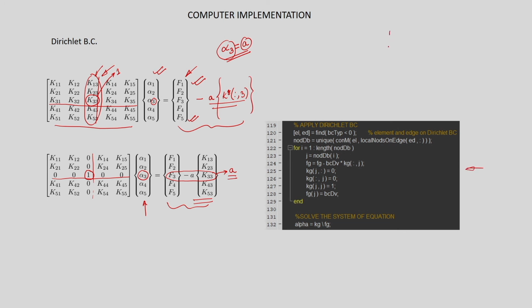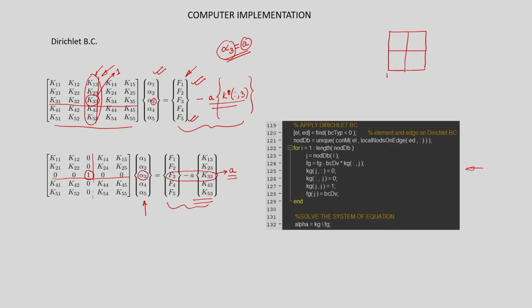Now, first we have to find out which degrees of freedom lie on the Dirichlet boundary. You remember that in the BC type we put the number as negative wherever that node, or the degrees of freedom, corresponds to a Dirichlet boundary.